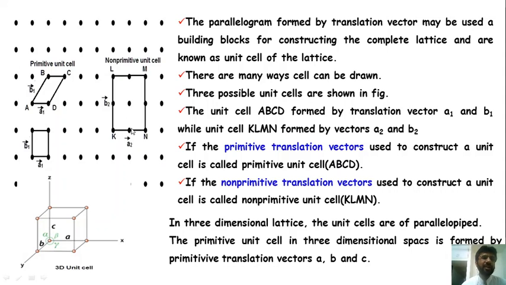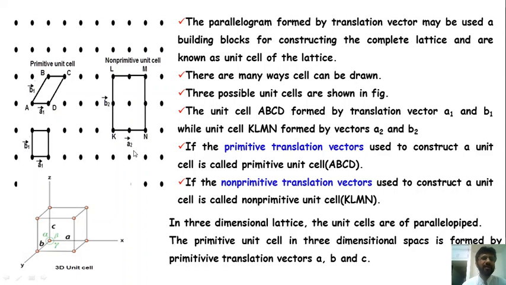Now in this other figure, KLMN, we use the other fundamental translation vectors A2 and B2. With the help of A2 and B2, it forms the parallelogram KLMN.